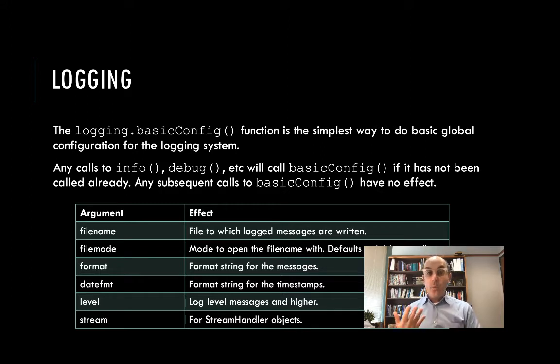And again, logging basic configuration is the simplest way to set a global configuration for the logging system. So any calls for info or debugging will call basic configuration if it has not been called already, and it will give you the arguments of file mode, format string, level, and stream, and all of that is part of what you will evaluate in what you have done.